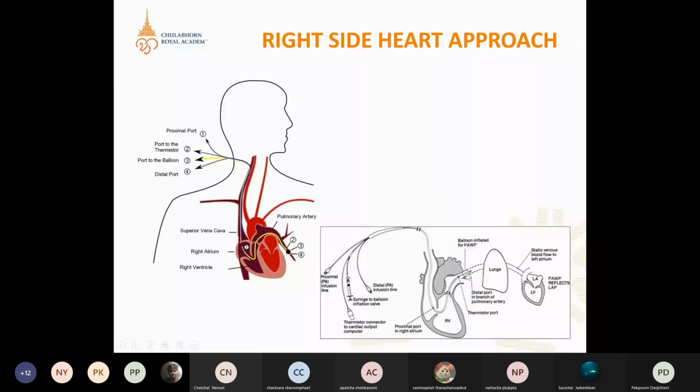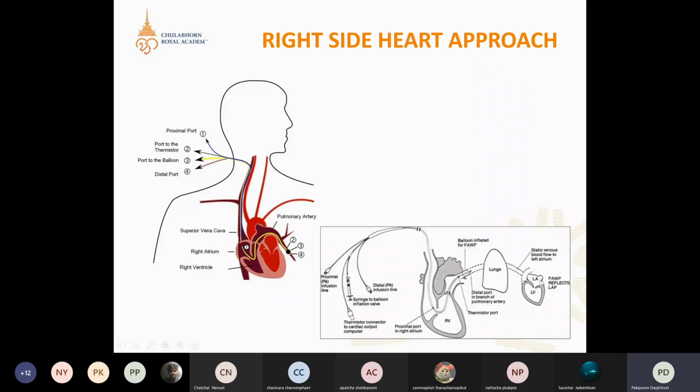You have to make sure the balloon totally occludes that branch in order to only detect the pressure from the distal port over here, and the pressure you detect from here will be the pulmonary capillary wedge pressure, which will be equal to the LA pressure.